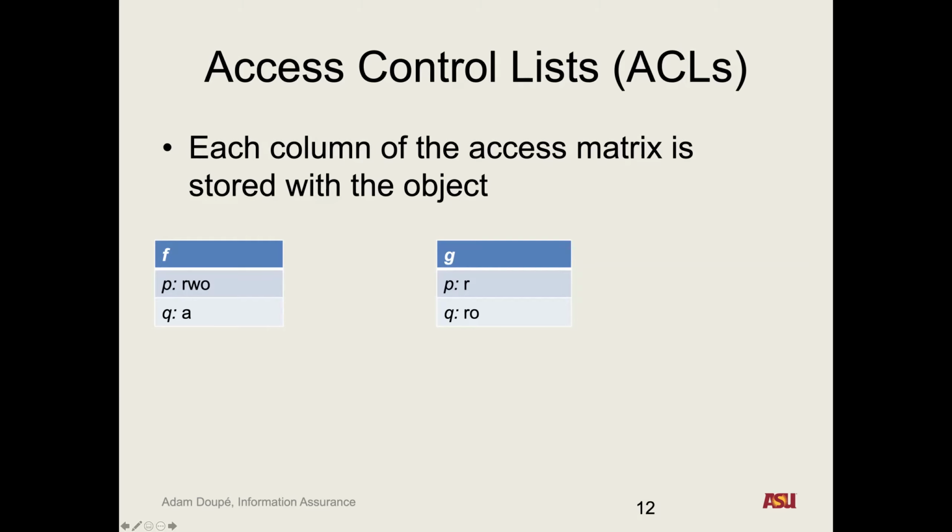Right? So why can't it be part of the file itself? Like, let's say it's just literally this text, P:/RW0, new line, Q:/A, new line, and then content of the file.